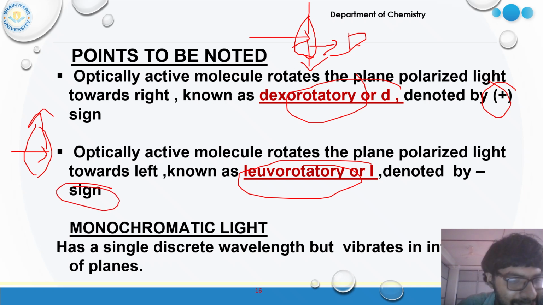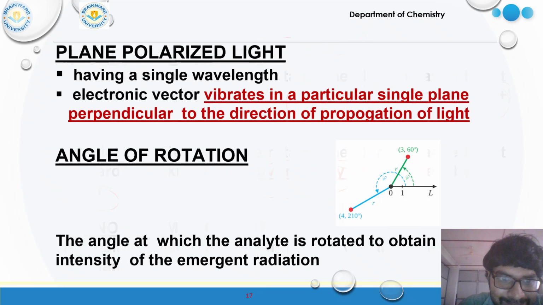Now there are various types of light: monochromatic light and plane polarized light. We will study both. What is monochromatic light? Very simple.